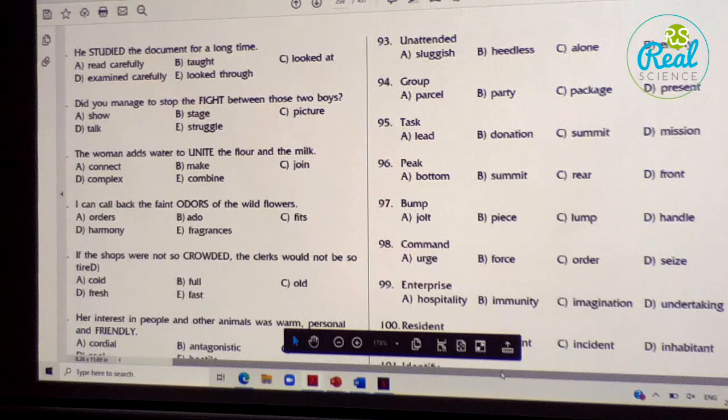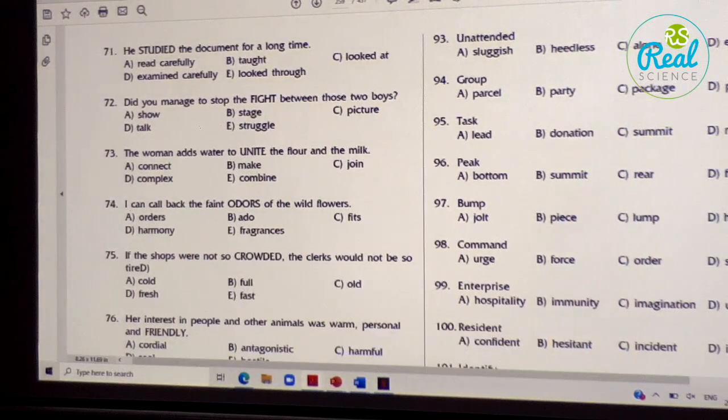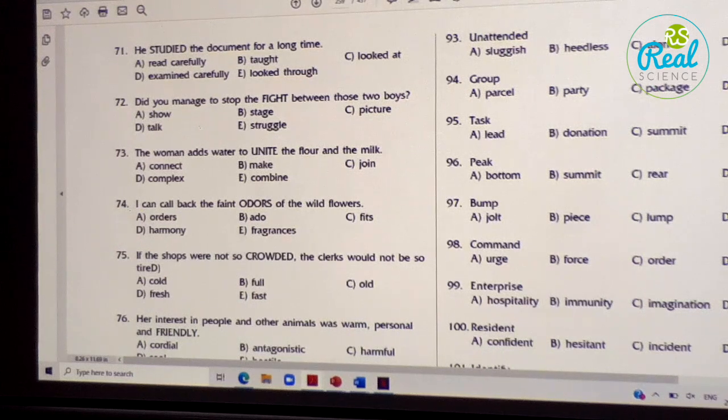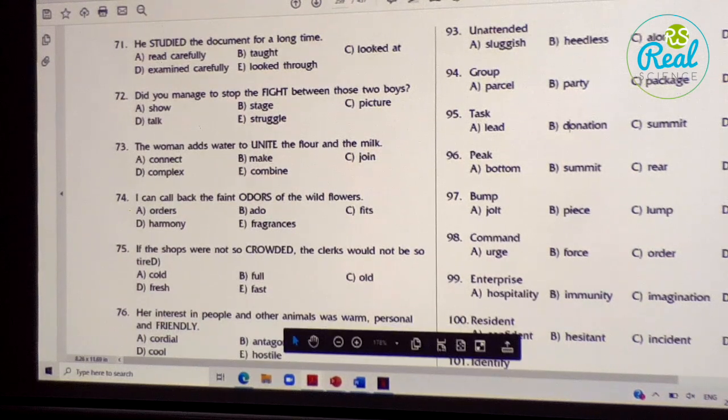How about now? Now it's clear. Can you see question 76? Yes.